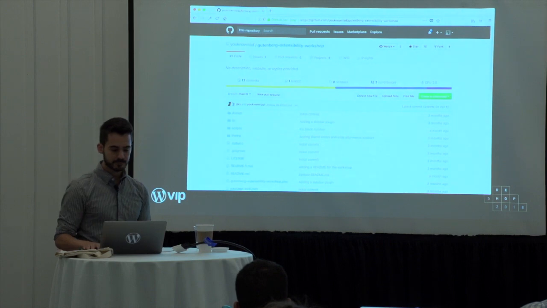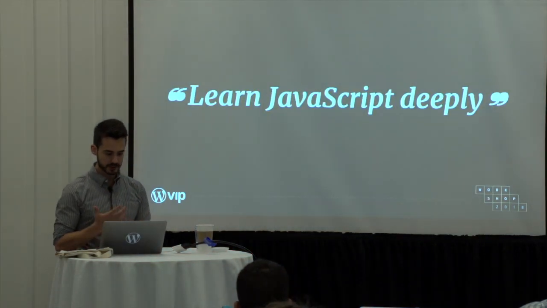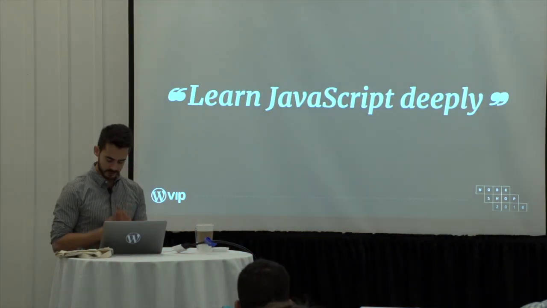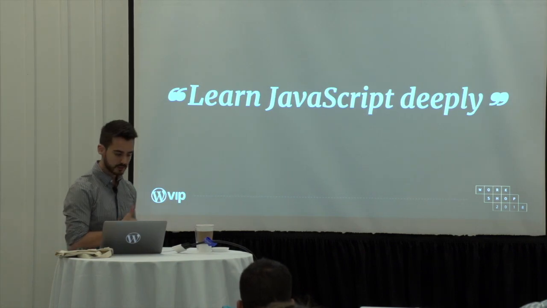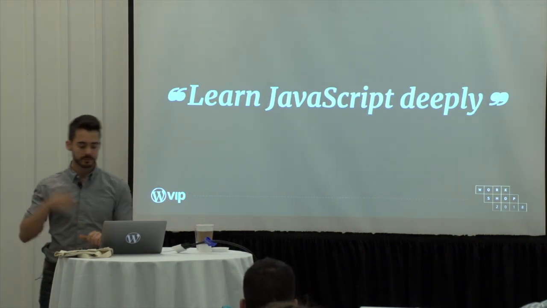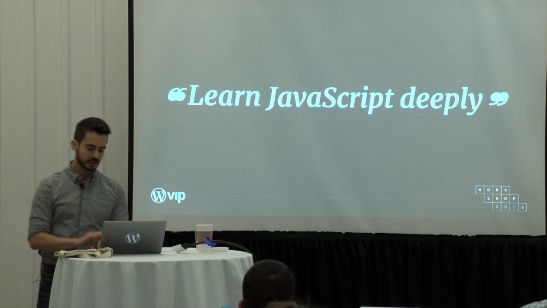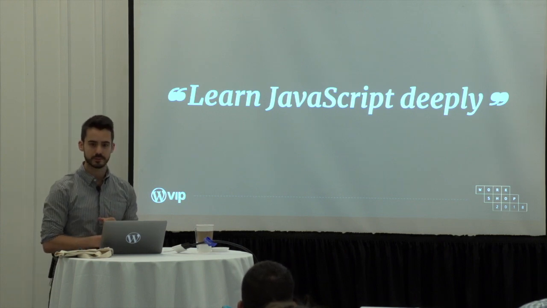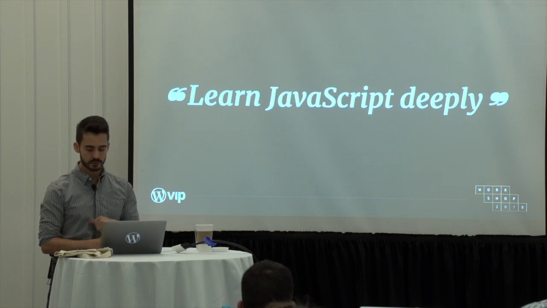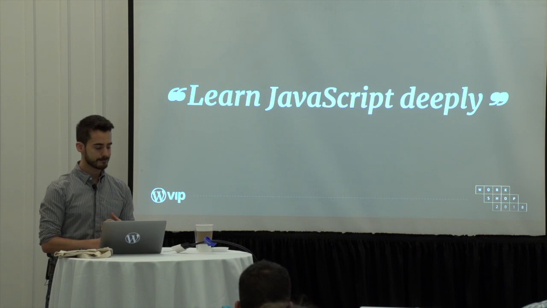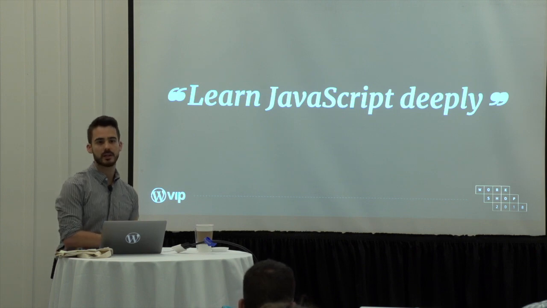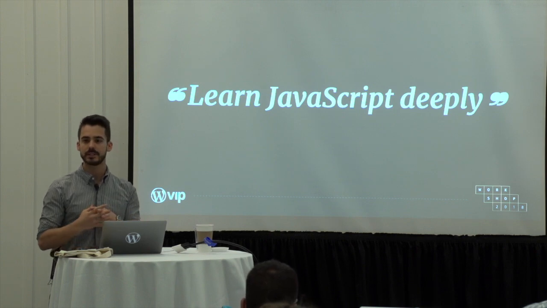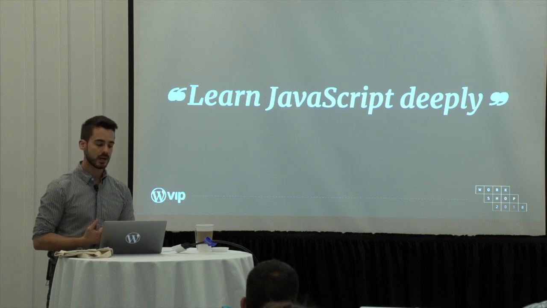And yeah, we're just about to close. I think in late 2016, Matt Mullenweg said that we should all be learning JavaScript deeply. And I'd like to say that with Gutenberg, one of the things we've been doing is we're not sticking to frameworks or libraries that we then become hostages of.